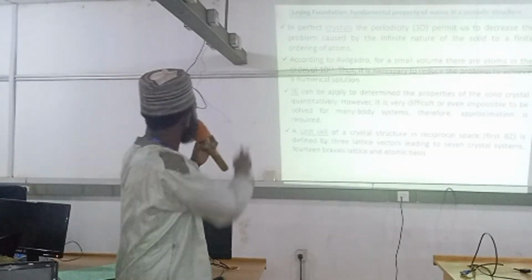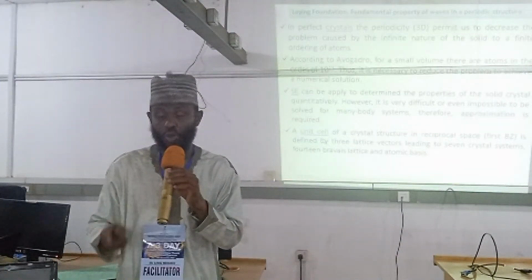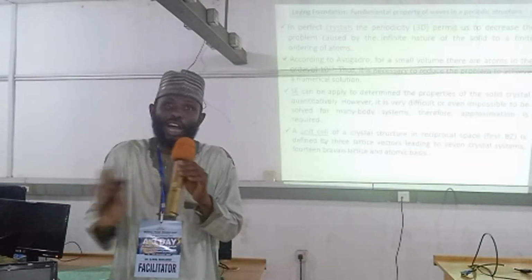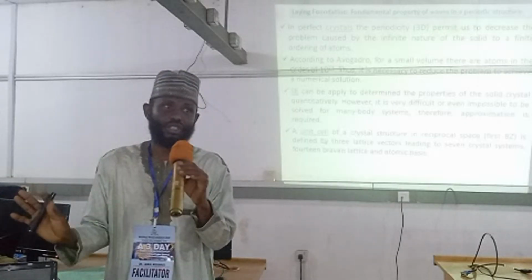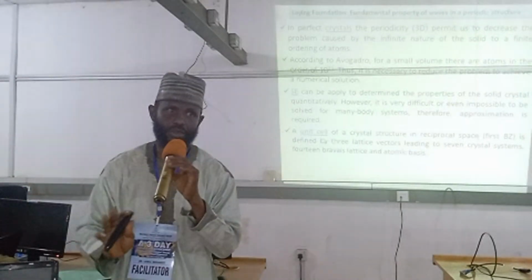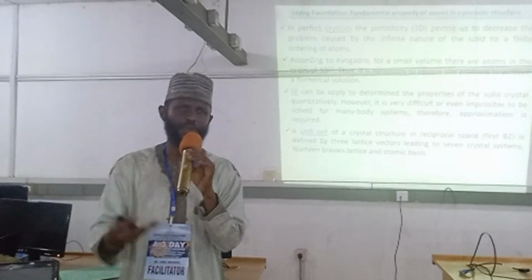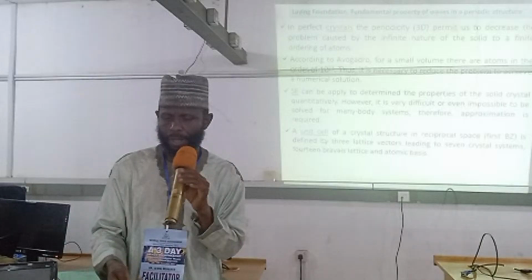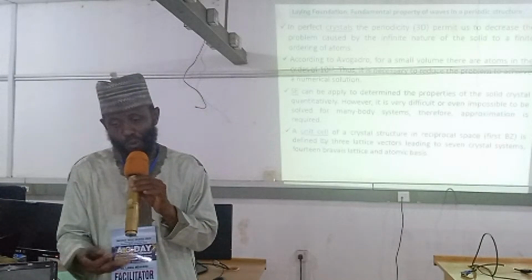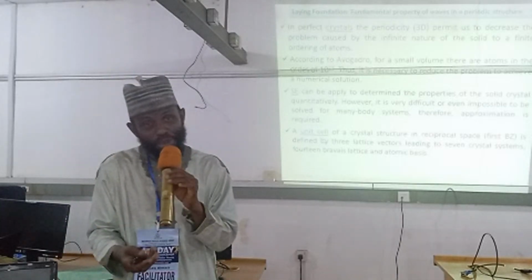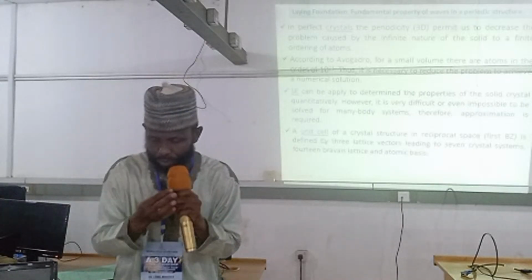So, Schrodinger equation can be applied to determine the property of a solid crystal quantitatively. I believe because we are all physics-based, we know what Schrodinger equation is. It's a quantum mechanics equation that we can use to understand the behavior of atomic particles. However, it's very difficult, or even impossible, to solve for many body systems. Therefore, you need to do approximation.